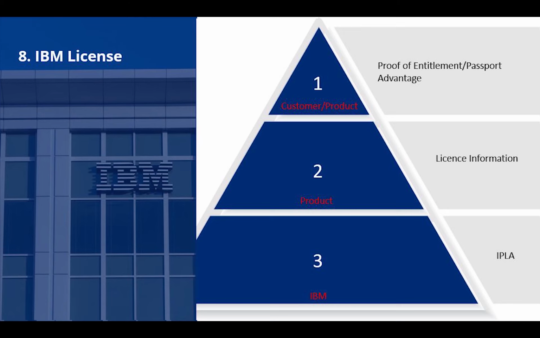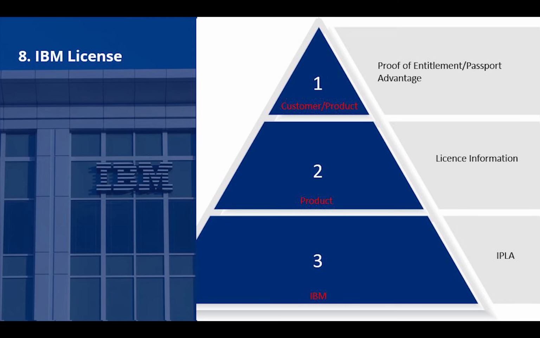Then you have what's called the LI, the license information. This will basically relate to the software product, and will tell you effectively how the license works for that product. And we'll have a look at that a little bit more. Then you have the proof of entitlement and passport advantage.